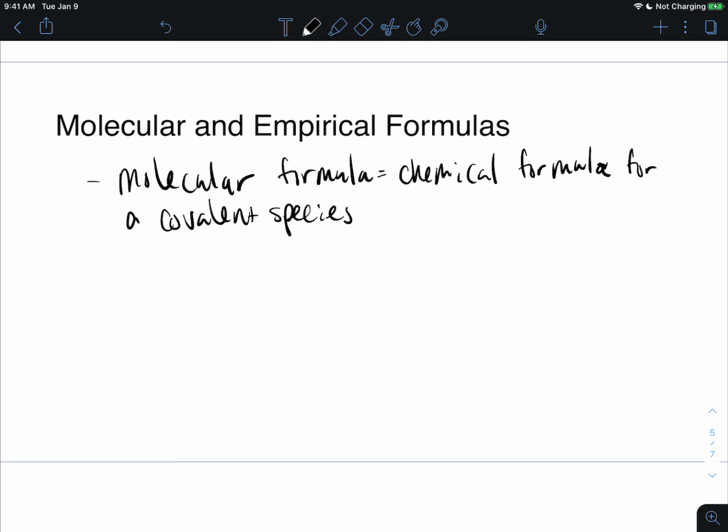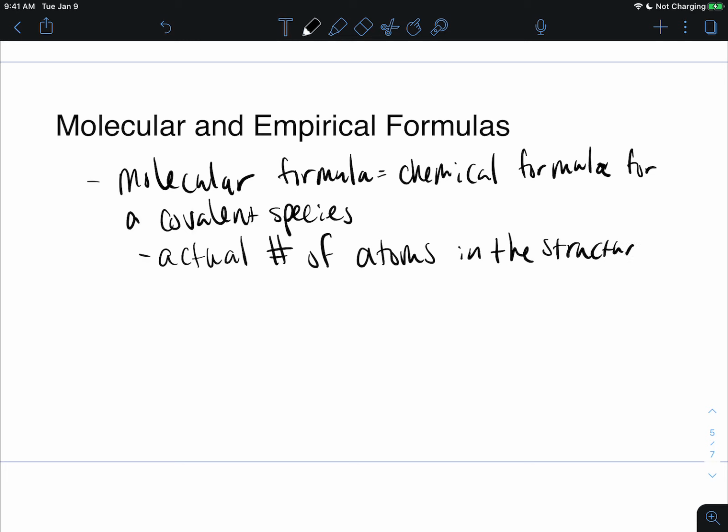Okay, and this tells the actual number of atoms within the structure. And of course, what types.